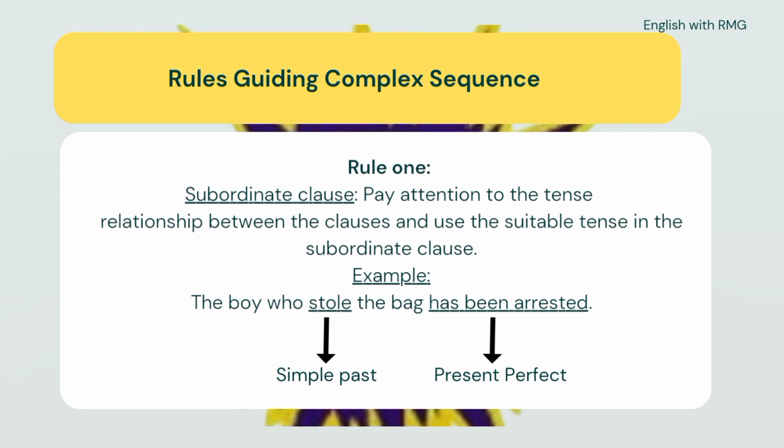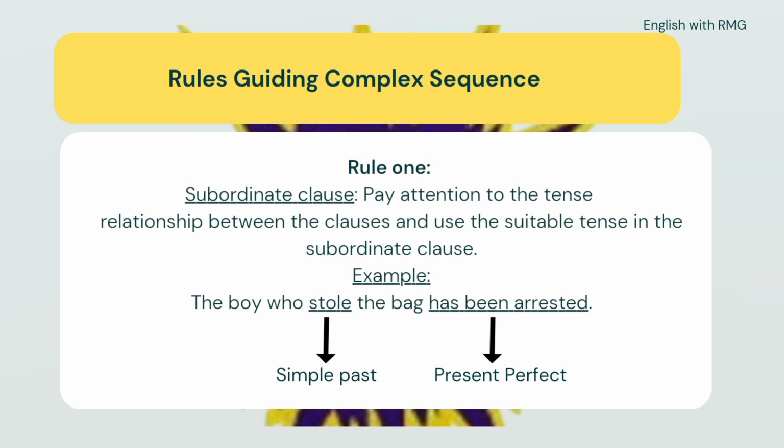police or whoever wants to arrest him would now say, okay, let's go and arrest the boy. Do you understand? So this is a sequence, or this is an order of action. One happened earlier before the other one happened. And since the action that happened earlier, which is the stealing of the bag, is in the simple past, then the action that happened later in the past, there should be a present perfect.